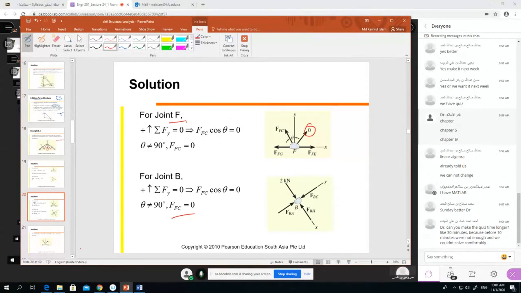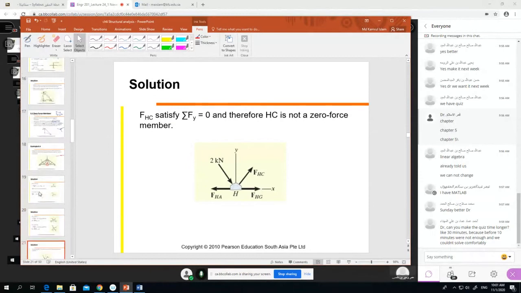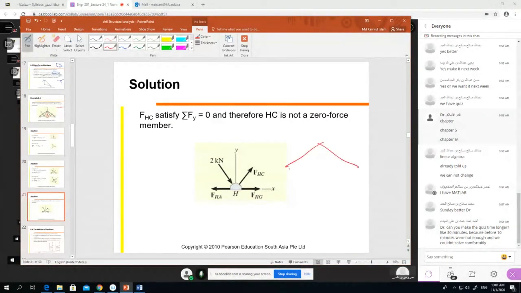There could be some in a truss. If you have a truss like this, you will find some members have magnitude 0. That is what we call a zero force member.